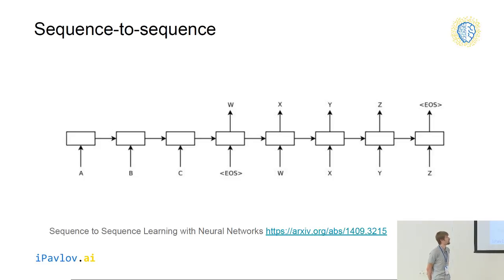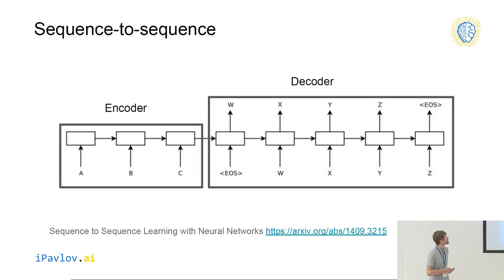First of all, I would like to remind you what is the sequence-to-sequence model. Sequence-to-sequence models are used when you want to produce output sequence using some other sequence as input. For example, machine translation task. Sequence-to-sequence models consist of two main components, encoder and decoder.